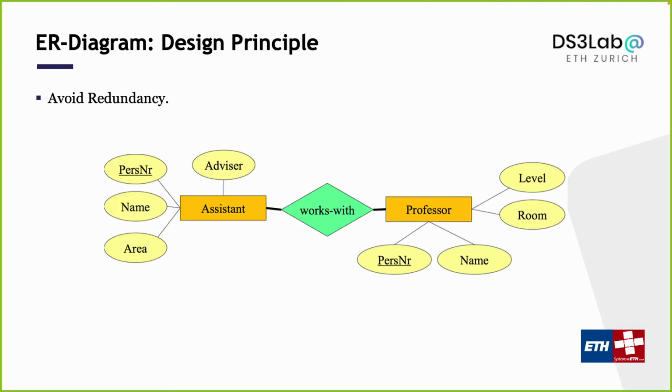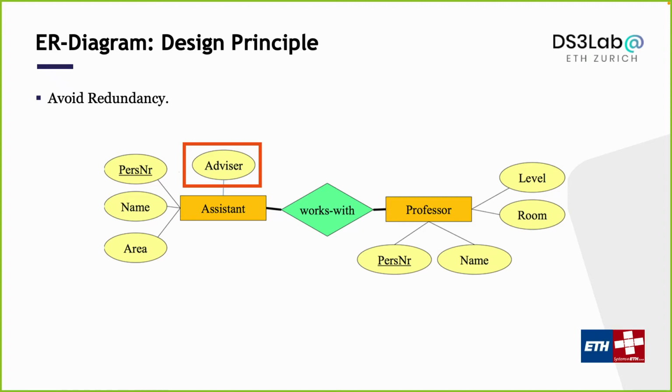For example, given the assistant and professor, these two pieces of data, what if for each assistant, I also have another attribute called advisor, which is the professor that this assistant works with? In this case, you have a redundant piece of information in this conceptual model, right? That is something in practice we hope to avoid, especially at the conceptual modeling part.